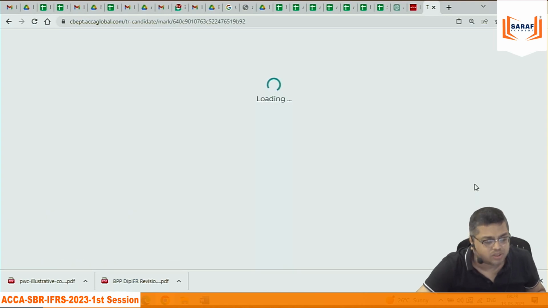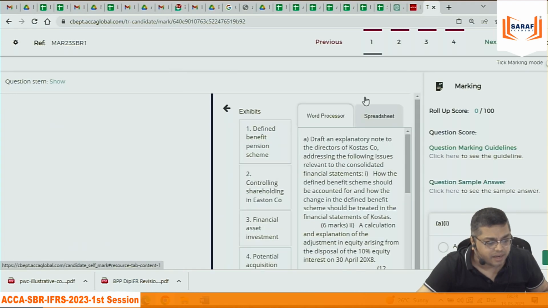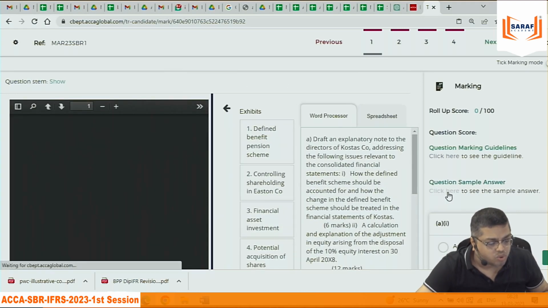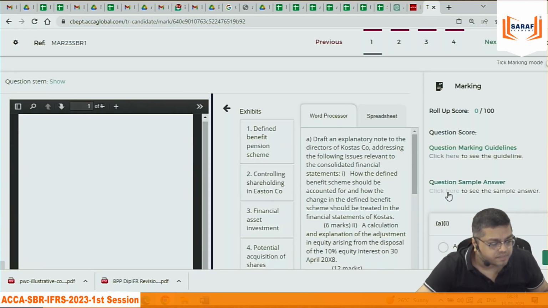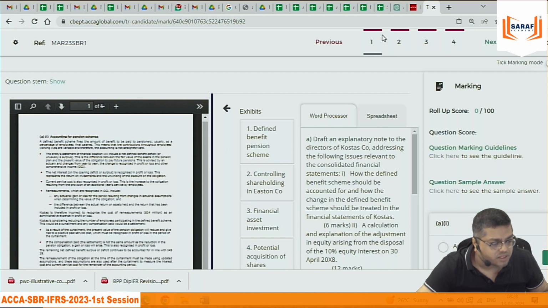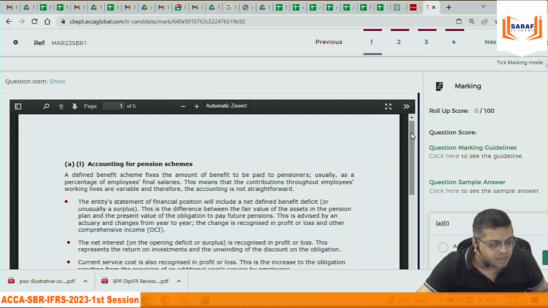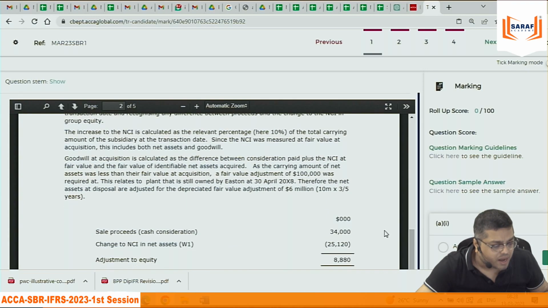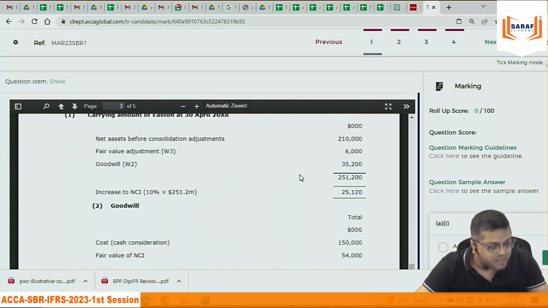Yes, I want to do self-marking. When I click this mark tab self-marking, then for all the questions, first, second, third, fourth, all questions, the sample answer by the institute, the marking guidelines, and everything are given here.